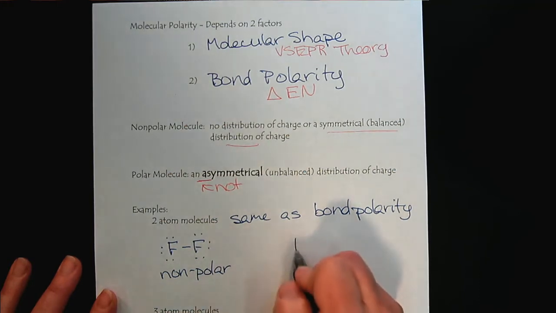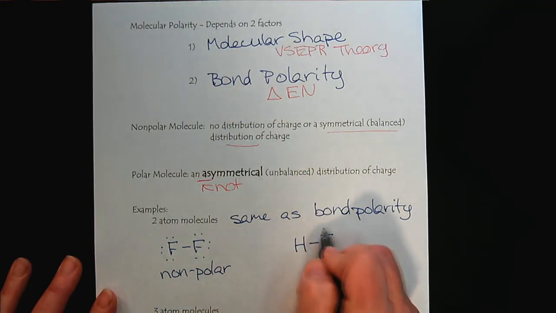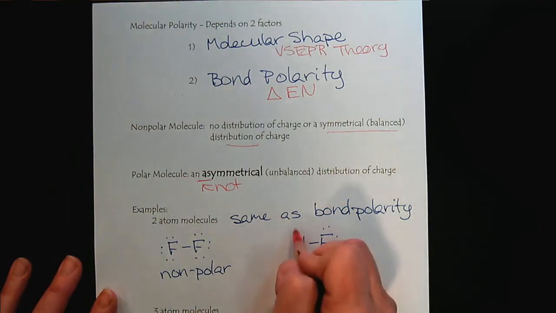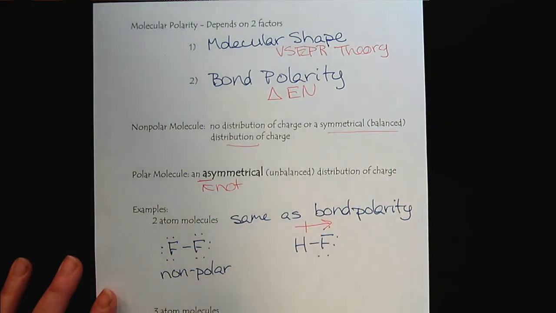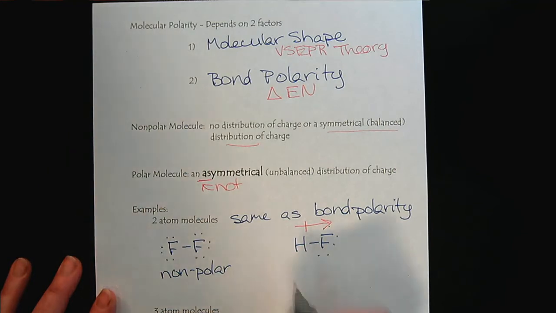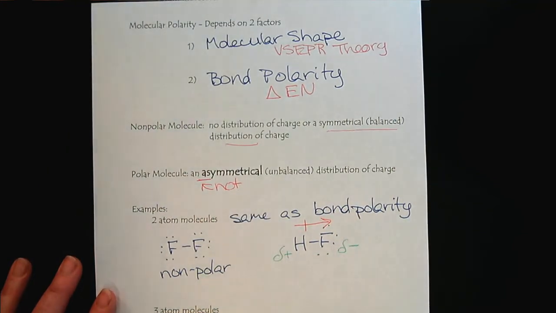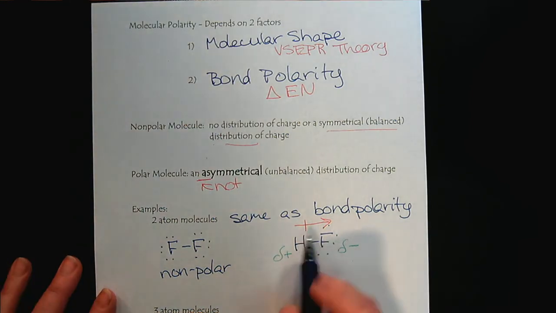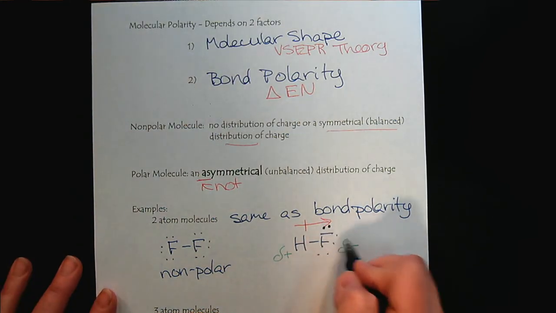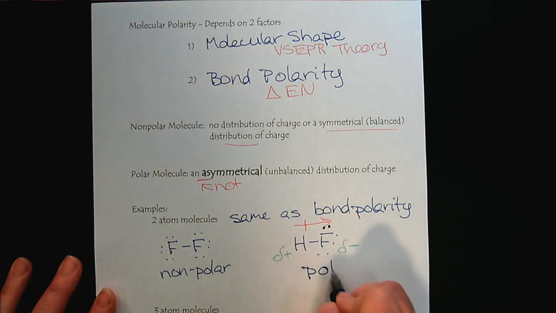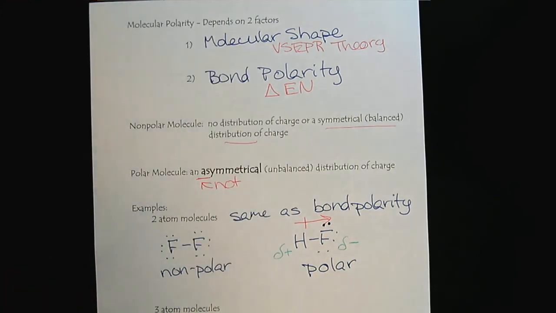And if we replace this with, for example, hydrogen, now we can draw in our dipole moment arrow, or with our partial plus and our partial minus. And so anytime we have a molecule with only one dipole moment arrow, we recognize this as a polar molecule.